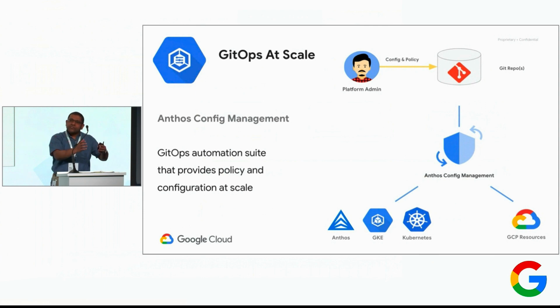You can manage it from a single control plane, right? That's what Anthos does. Two products to highlight within Anthos: config management, which allows GitOps at scale. You can define your policies in a central Git repository, and Anthos config management will take care of propagating those policies across your clusters. One simple example could be, say, if you need to run a daemon set, say a security daemon set across all your clusters, all you need to do is define it in that central repository, and it will be propagated out across your clusters.